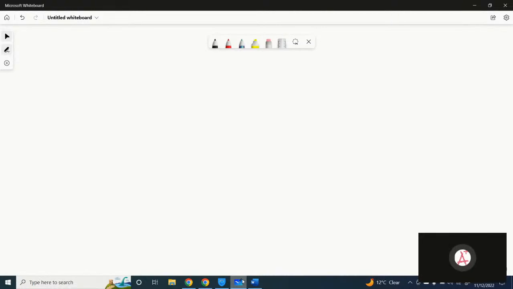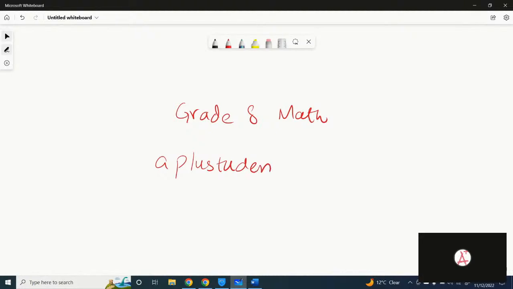So we're going to start with grade 8 maths. You can find all the lessons on aplusstudents.com. You have to log in there using your email address and password as provided by the administrator.